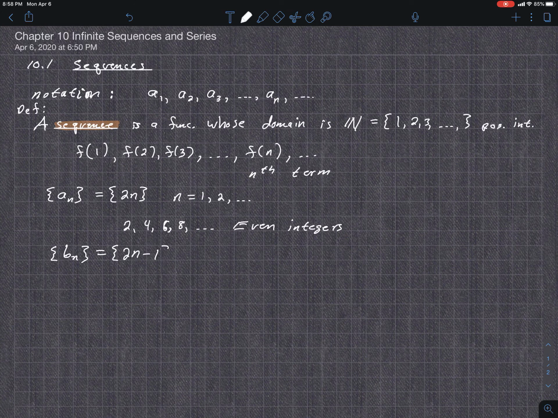Suppose b sub n are odd integers. Odd integers can be written as 2n minus 1. If you listed out terms, if you put in 1, you get 2 minus 1 is 1. Then you get 3, 5, etc. So those would be odd integers.